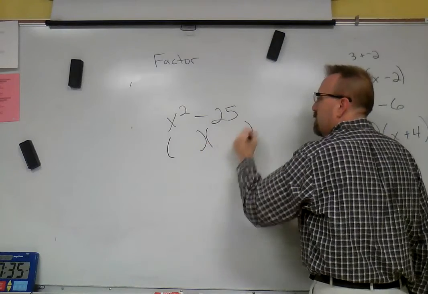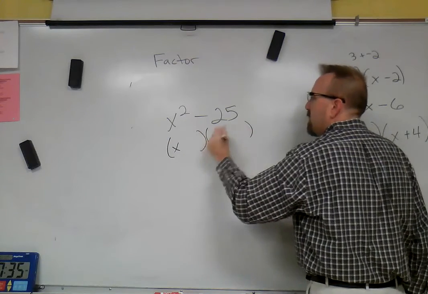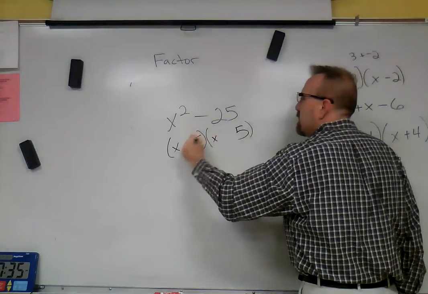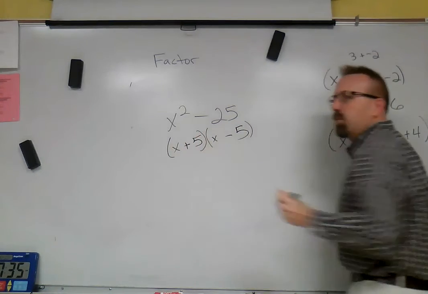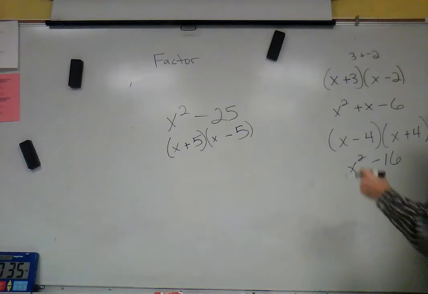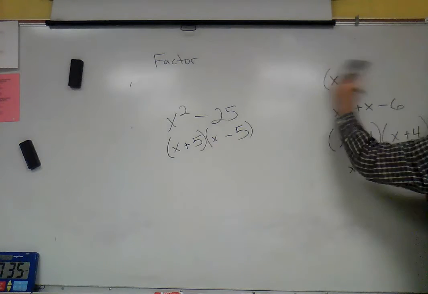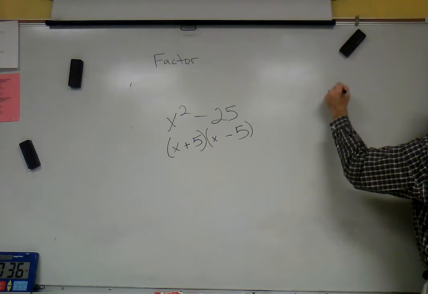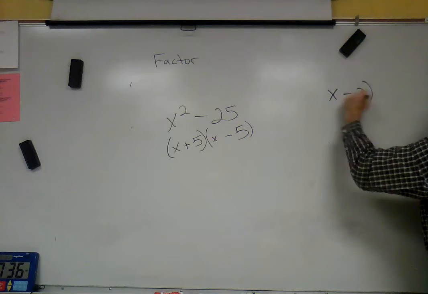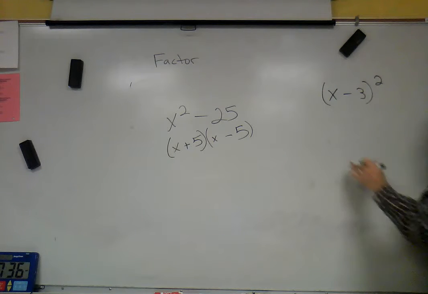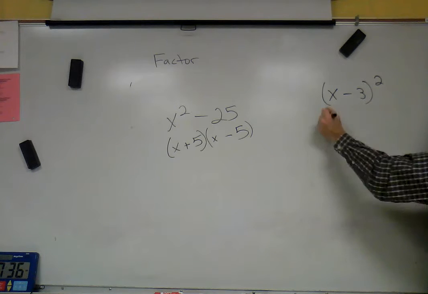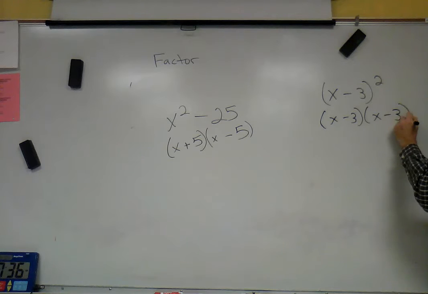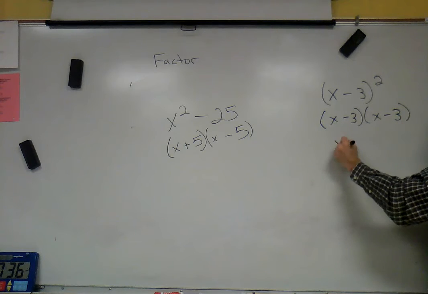Two sets of parentheses. You get x and x. What's the square root of 25? 5 and 5. One of these is plus, one of these is minus. And then from yesterday, we're going to take this both directions. x minus 3 squared is the same as x minus 3 times x minus 3, which we know is x squared.